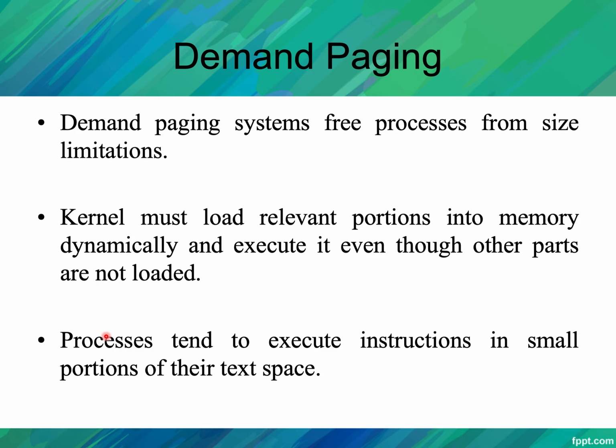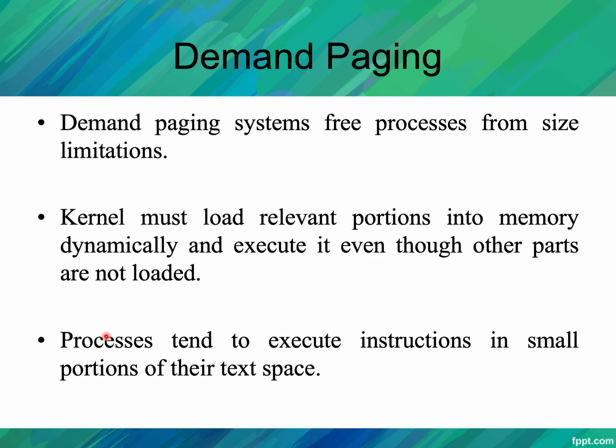So how is it possible for us to execute a game which is 4 GB or 5 GB in a RAM of 2 GB? Or for example, if I have a program of 5 MB but my primary memory size is only 2 MB, I'll still be able to execute my 5 MB program in my 2 MB RAM.